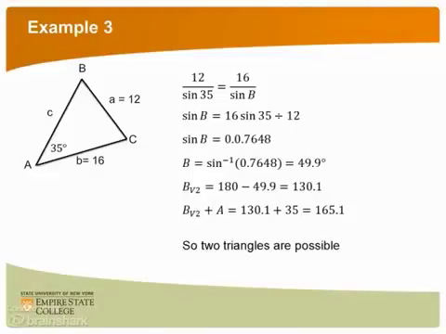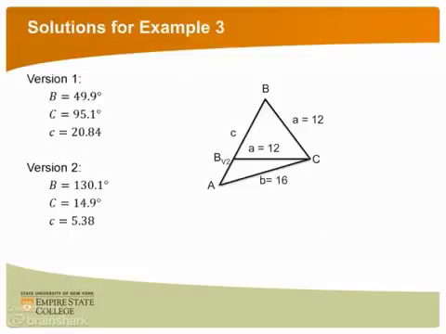Because that sum is less than 180, we can create two possible triangles with our original information. In fact, we have all the information we were missing. Note that side BC, which we called little a, swings inward to form the second possible triangle. That side acts like a swinging gate door.